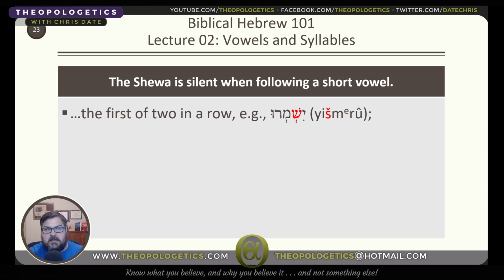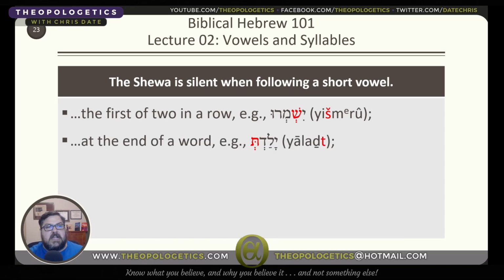The hirik, the i vowel in yish, is short, so that's one reason we would know that this is a silent shva, but it's also because it immediately precedes another shva, which we know is vocal from the previous slide. So this is yish-me-ru, three syllables.